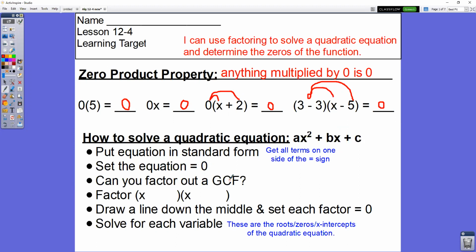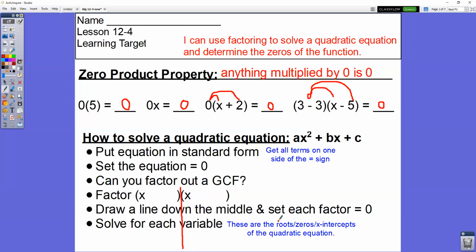Other times you won't. Then you're going to do reverse FOIL. After you do reverse FOIL, you're going to draw a line down the middle in between the two parentheses, just like I'm doing right there. And you're going to set each side equal to 0. Then you're going to solve that 1 or 2 step equation. Whatever answers you get there, those are the roots, the zeros, the x-intercepts.